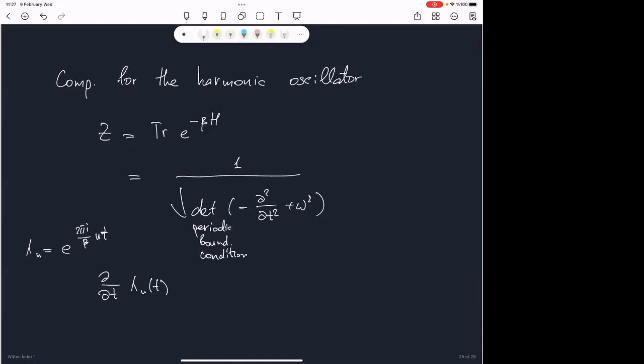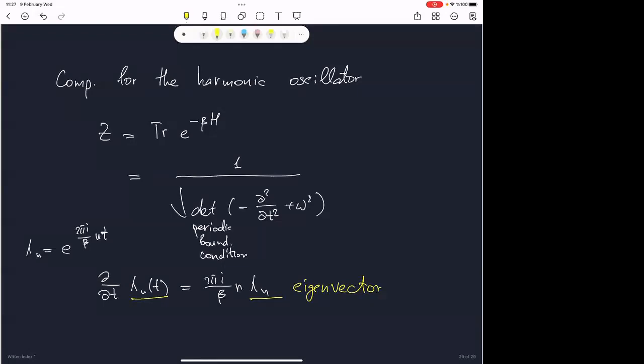Now, if you plug this in, you get 2 pi i over beta times n, and then again the eigenvector.